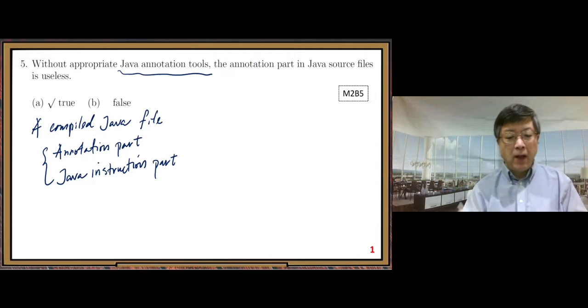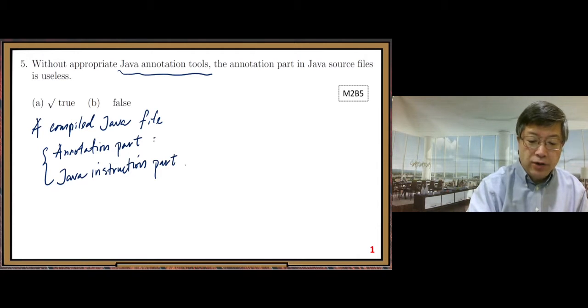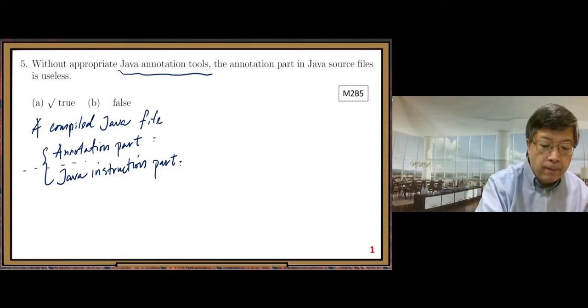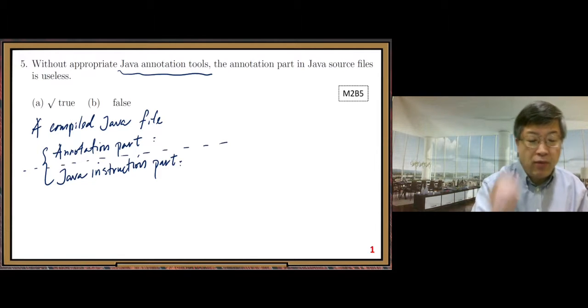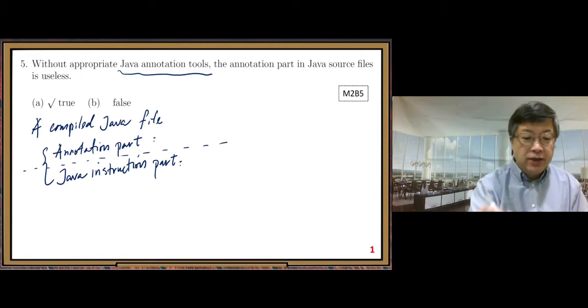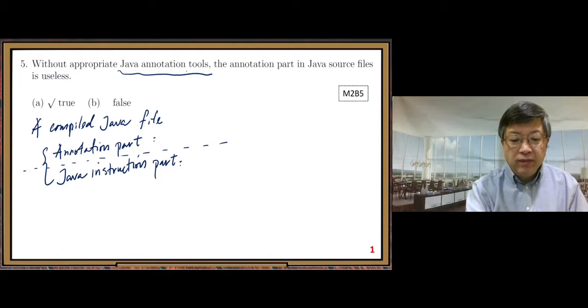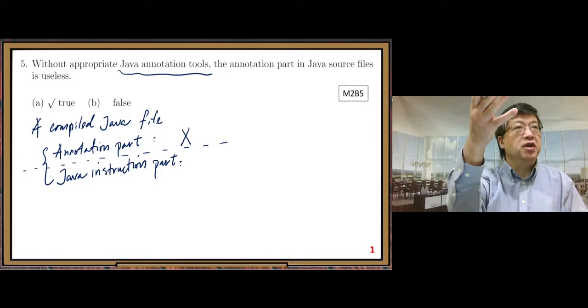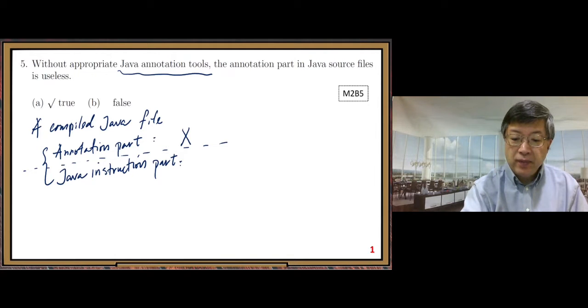All right. So these 2 parts are separated in the compiled file, separated. All right. So now without appropriate annotation rules, this part is useless. Okay. All right. So that's why we say annotation part is useless.